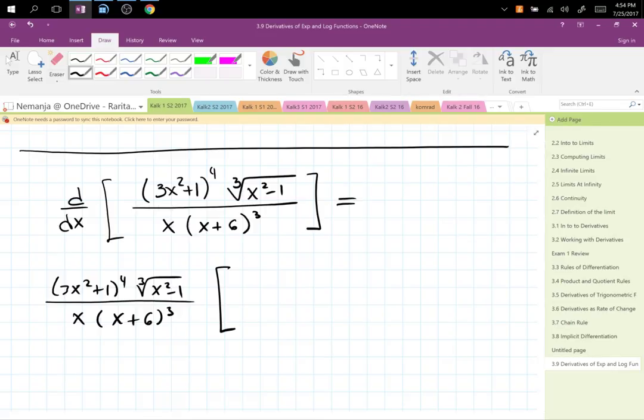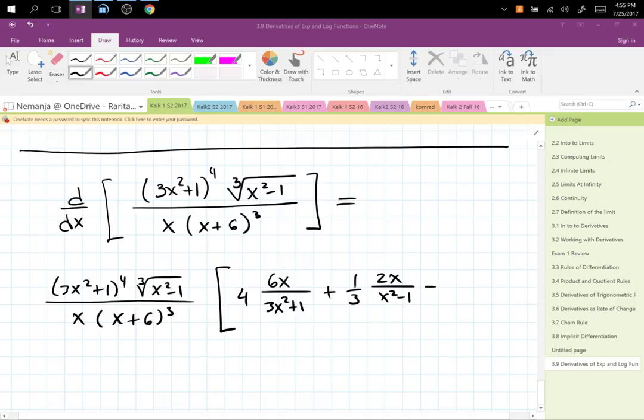And then inside, you will have 4 times 6x over 3x squared plus 1, plus 1/3 times 2x over x squared minus 1, minus 1 over x, and minus 3 over x plus 6. And that's the derivative.